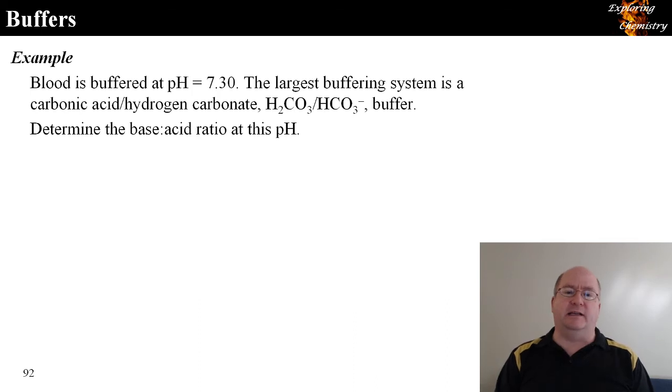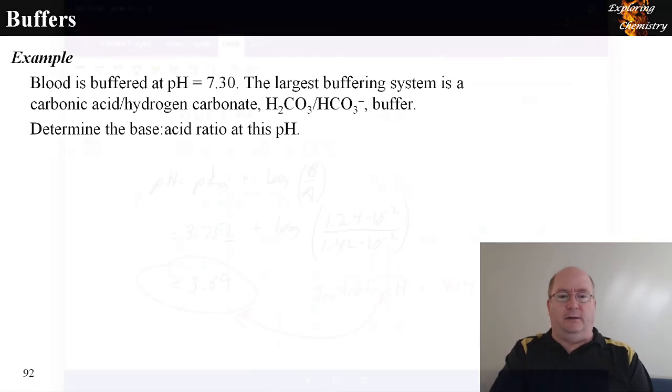So carbonic anhydrase, which converts carbonic acid to CO2 and water, can control how much carbonic acid we have in our bodies, and so it allows us to maintain a relatively constant pH in our blood, and that pH is 7.3. What I'm interested in here is the base to acid ratio at a pH of 7.3.